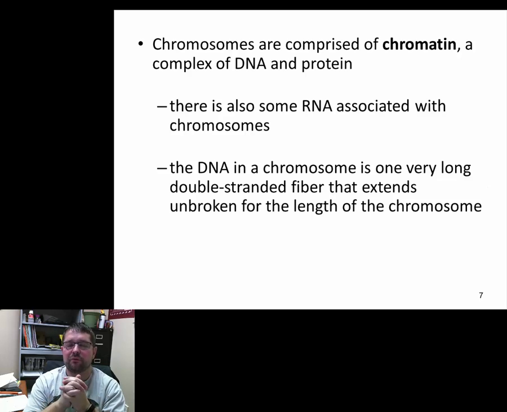Remember that when we talk about human DNA, our genome, if you take all 23 chromosomes, line them up and stretch them out, it's 3 billion nucleotides long. Different chromosomes are different sizes, obviously, but it's a long string of chemical bonds that make up our DNA.